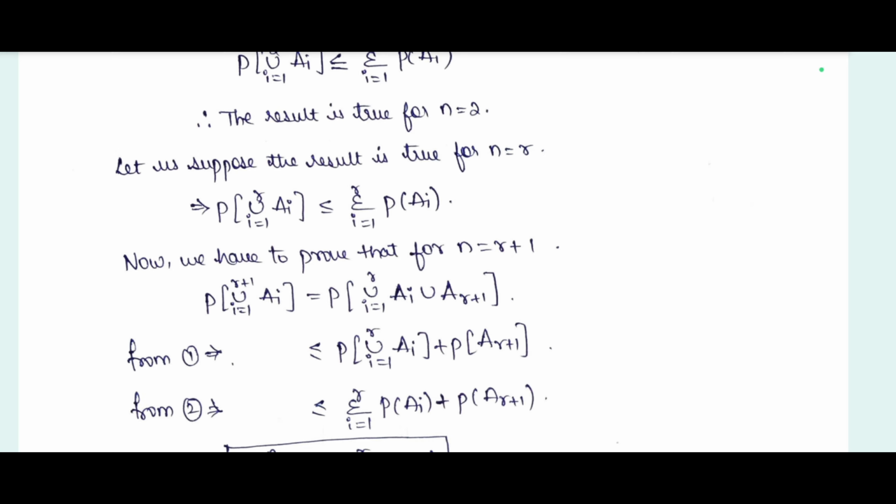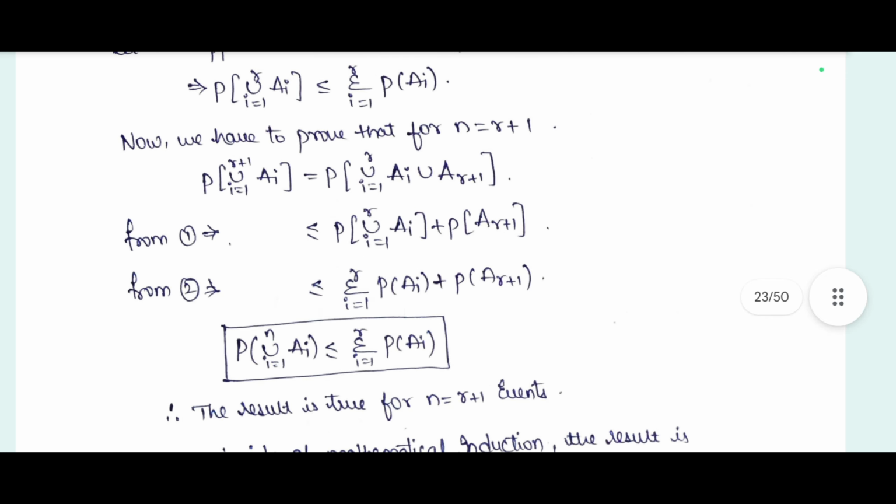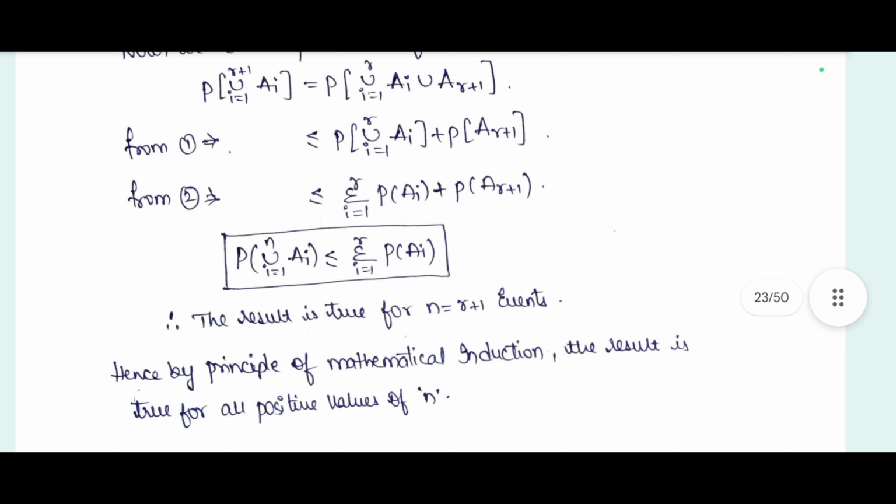From 1 it is less than or equal to this value, and this is up to this. Hence this result is also true for n equals r plus 1. By the principle of mathematical induction, the result is true. Thank you.